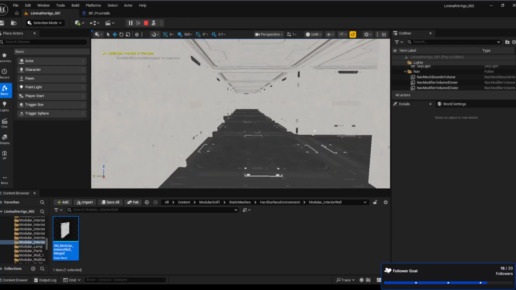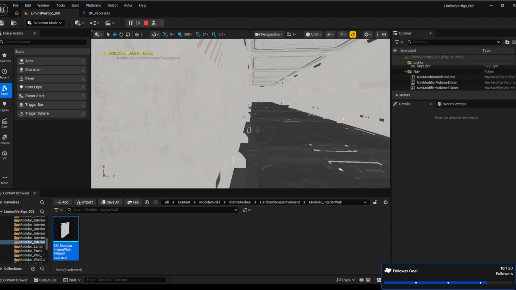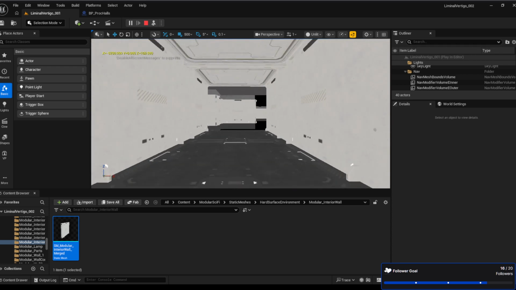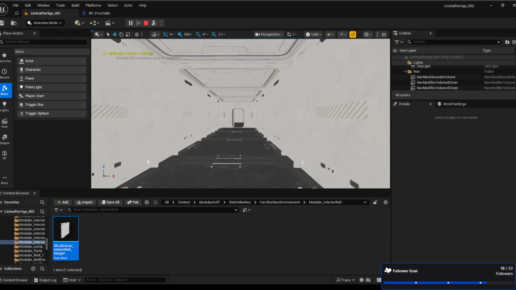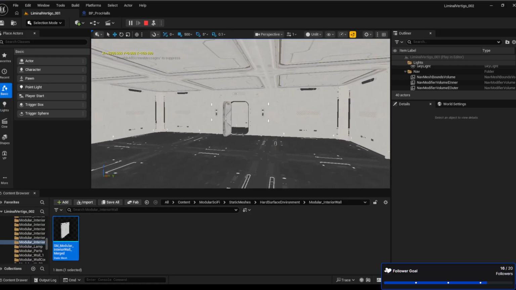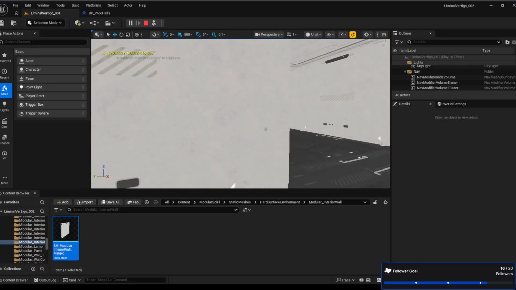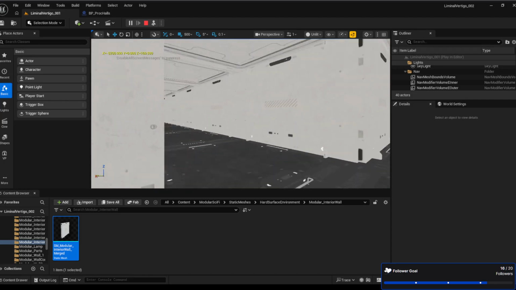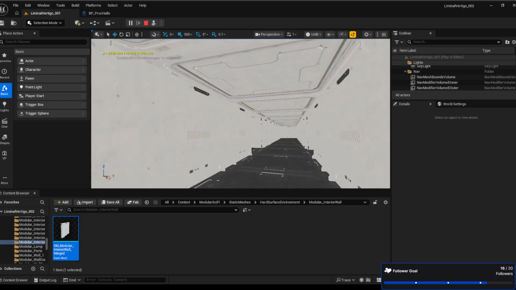Nice. Okay, so this room is picked, so that means this one is blocked. Else we go into the abyss. All right, so this one was picked. It means that room should be blocked, yes. Okay, nice, this is blocked. Perfect.